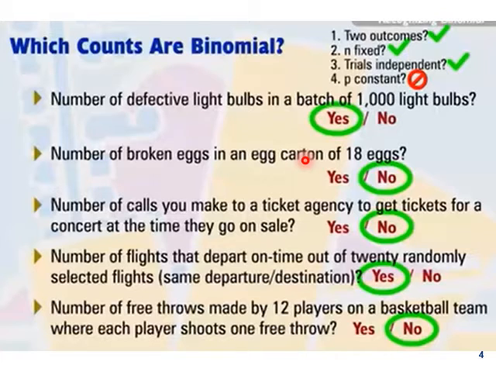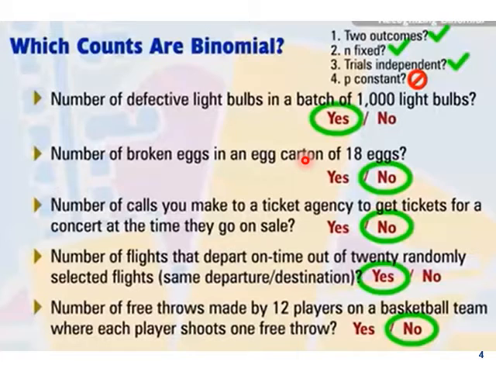And the second option, is the number of trials fixed? No, because it's not showing how many people are going to make calls or how many attempts you can make in making a call. So it is not satisfying condition 2. So example 3 does not satisfy the characteristics for the binomial settings.